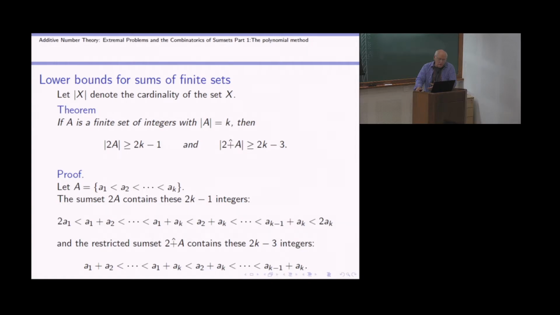And if you want to look at the restricted sum set, where you don't allow an element to be added to itself, you do the same thing, only you start with A1 plus A2, A1 plus A3, up to A1 plus AK. They're strictly increasing. A2 plus AK up to AK minus 1 plus AK, and there are 2K minus 3 numbers there.